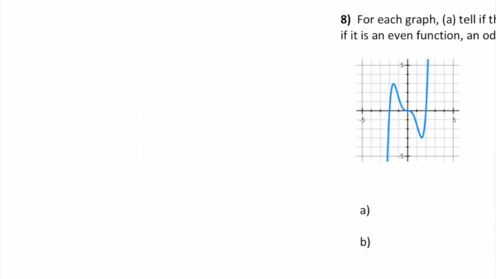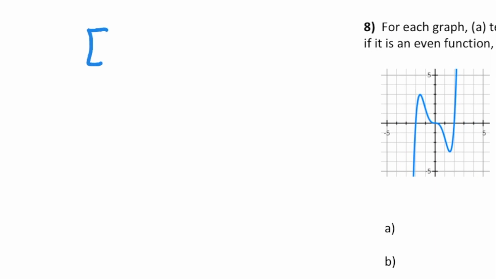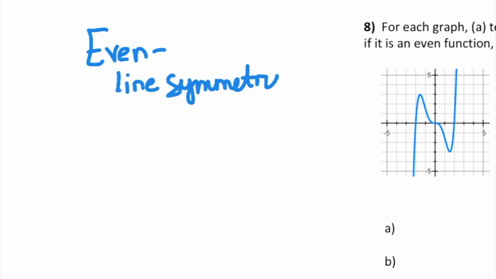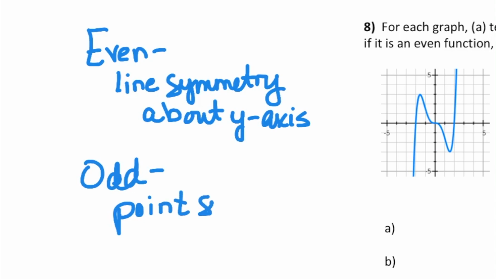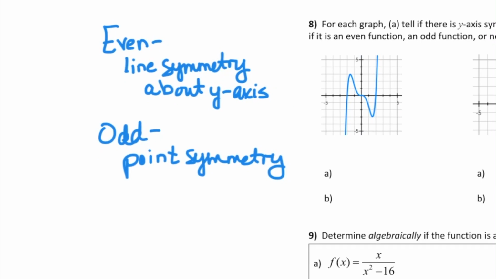But just remember the concept of the even functions have line symmetry about the y-axis, not the x-axis, but the y-axis. And the odd functions have point symmetry of 180 degrees about the origin.